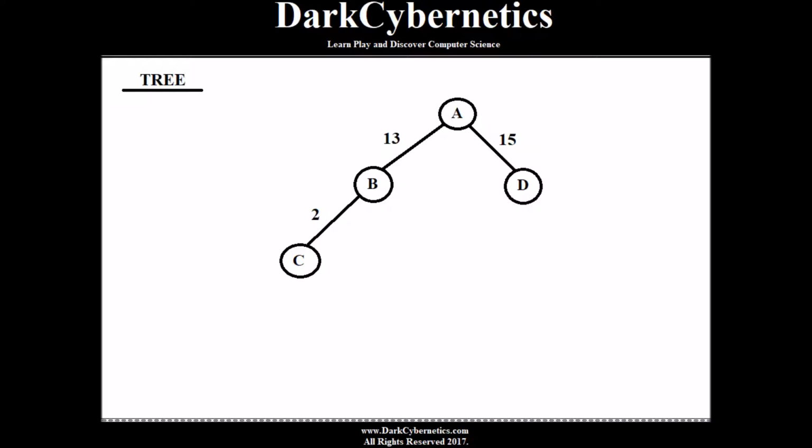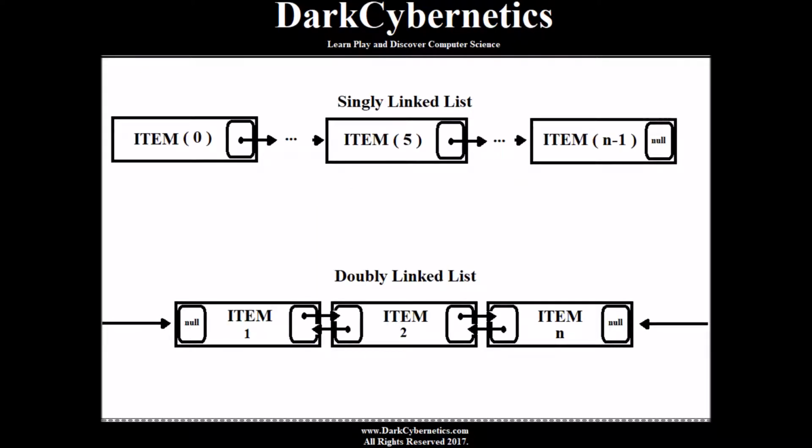There are other linear data structures like a singly linked list and the doubly linked list, which can be used to represent graph and tree notation. In a linked list, each element of n has a value, and they are connected to one another with the head.